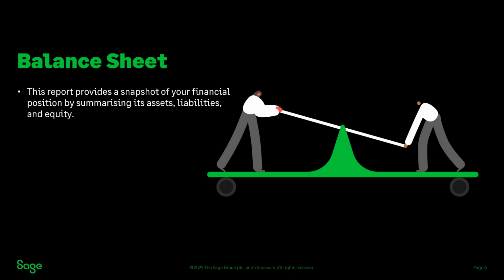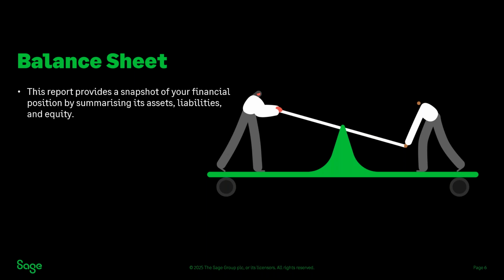The balance sheet is also known as the statement of financial position, and it provides a snapshot of your business's financial health. So it shows assets, which is what your business owns, liabilities, which is what your business owes, and the equity, which is the remaining value for shareholders. And this report helps assess liquidity, financial stability, and investment potential.